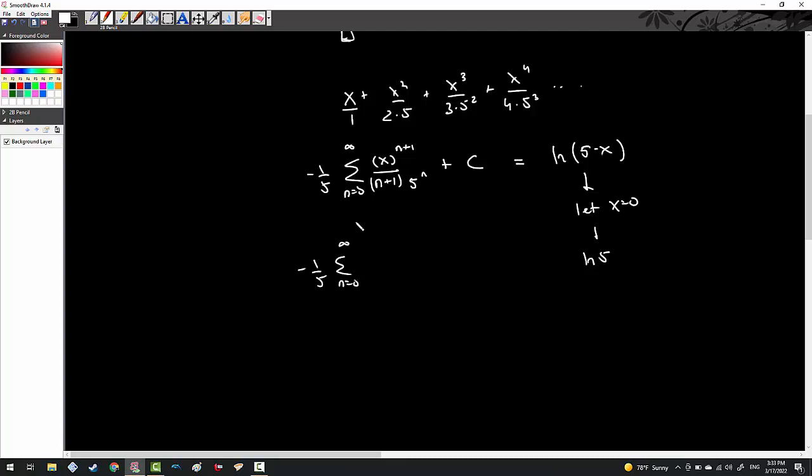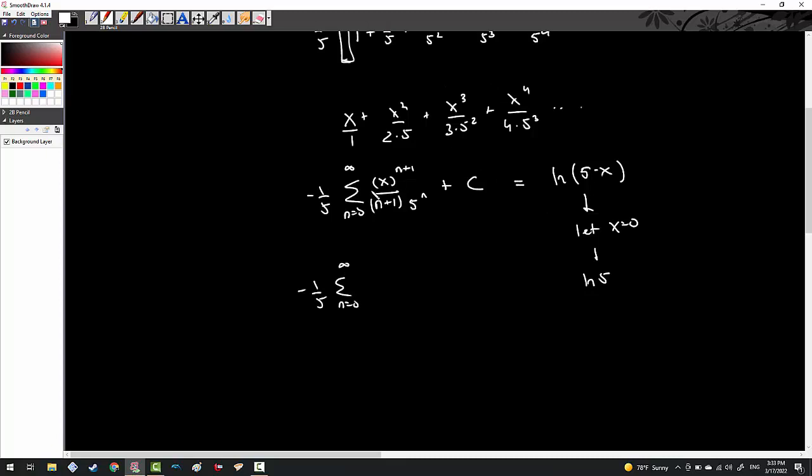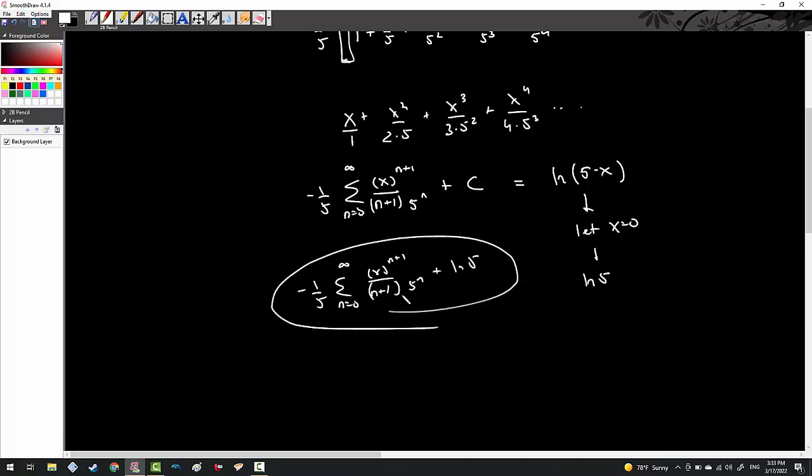It makes sense, because if I let x equal 0, all I have is 0 over 1 plus c, which means I've got ln of 5. So just plug in ln of 5 as your c: x to the n plus 1 over n plus 1 times 5 to the n, plus ln of 5. And that will wrap up problem number 21.